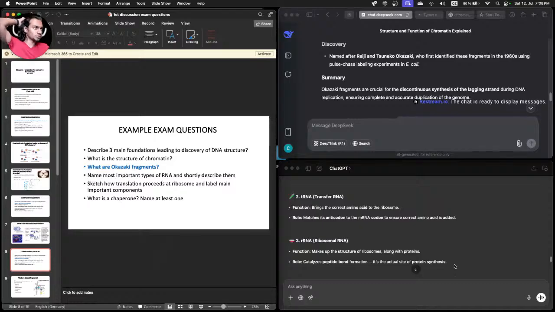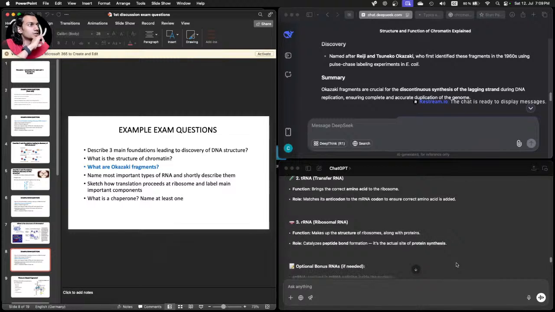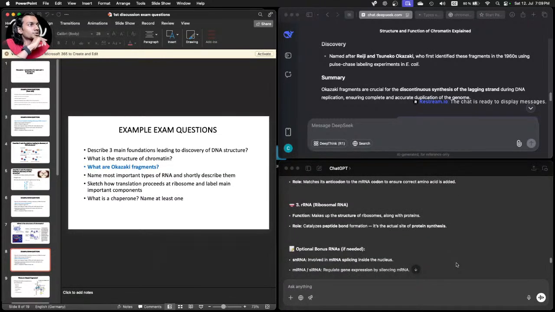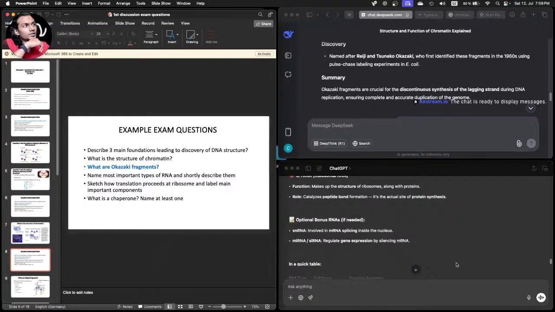It makes up the structure of the ribosome along with proteins, catalyzes peptide bond formation, and is the actual site of protein synthesis. Optional bonus RNA: snRNA, involved in mRNA splicing inside the nucleus. miRNA/siRNA regulate gene expression by silencing mRNA.